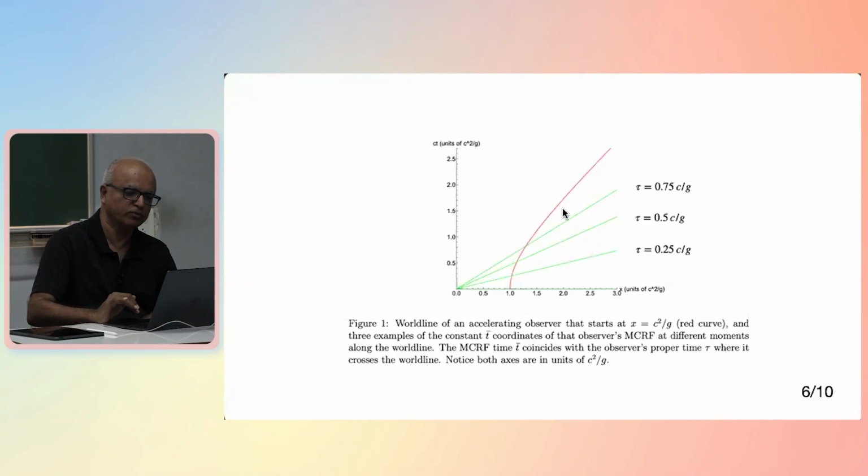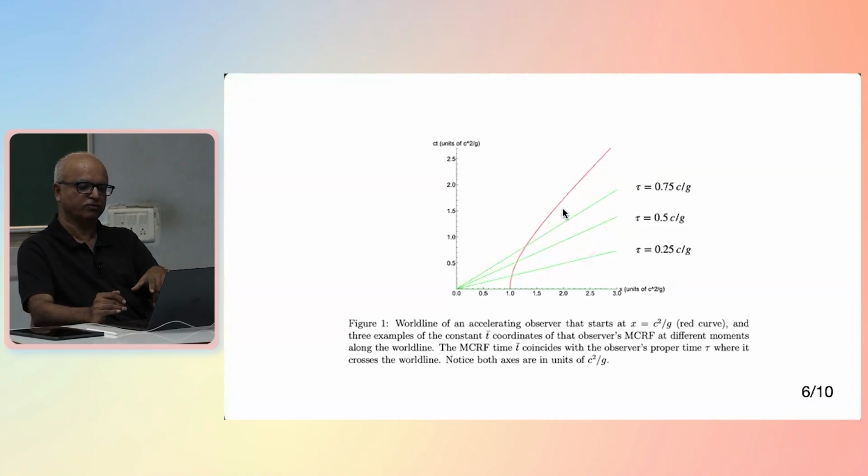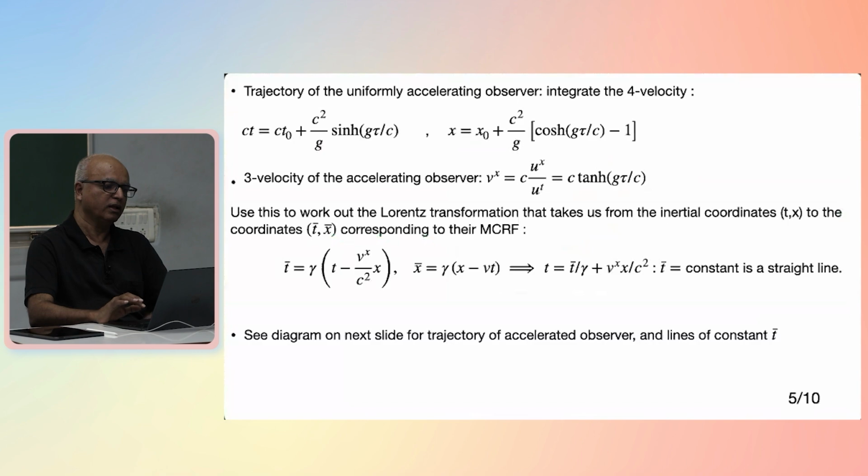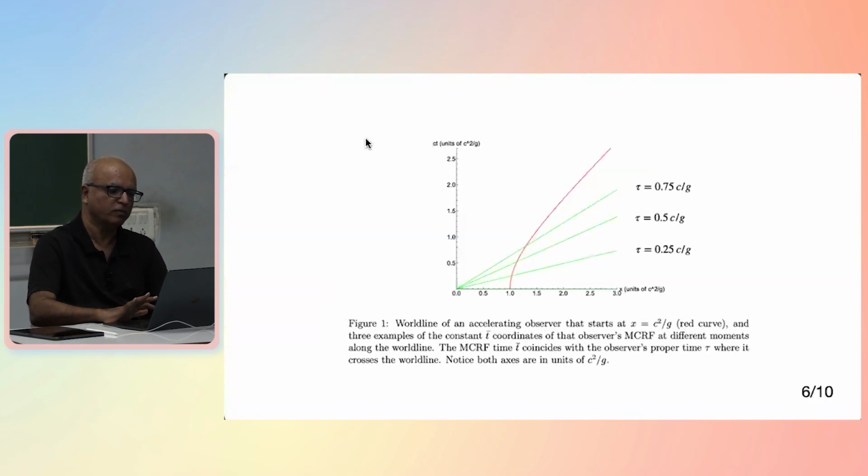Okay? So we will look at it a little more carefully. This is the t over x plot. How do I plot that? T goes as sine hyperbolic, x goes as cos hyperbolic. So essentially t by x will be tan hyperbolic. So choose a value of tau, find x and t, plot it, choose a different tau, find x and t, plot it.